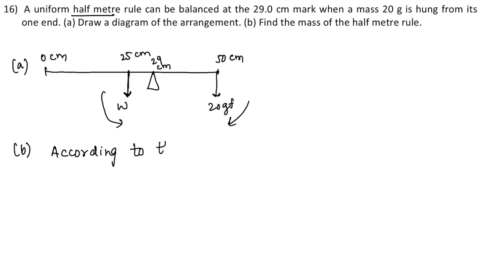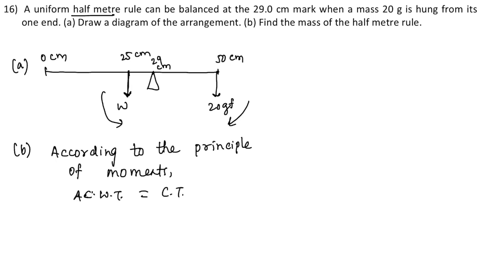According to the principle of moments, anti-clockwise torque is equal to clockwise torque, that is W into 4 is equal to 20 into this distance, 21 centimeter.